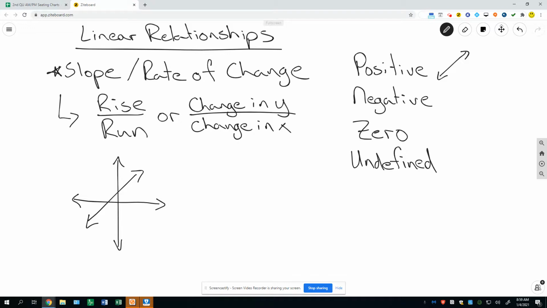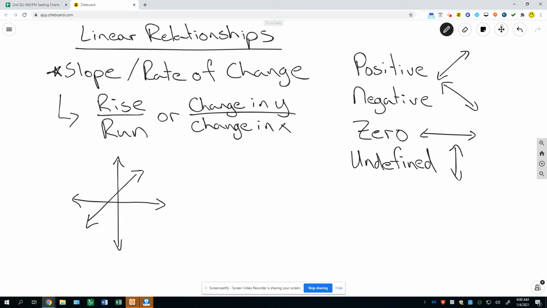If it's going up, it's positive. If it's going down, it's negative. If it is flat, it is zero. And if it is straight up and down, it is undefined. And we'll practice all these. Again, just got to get them down.